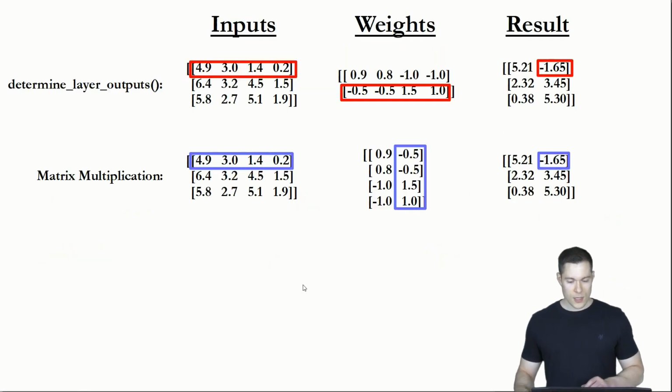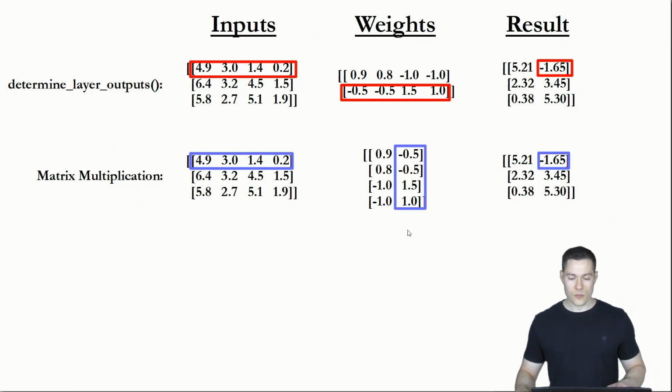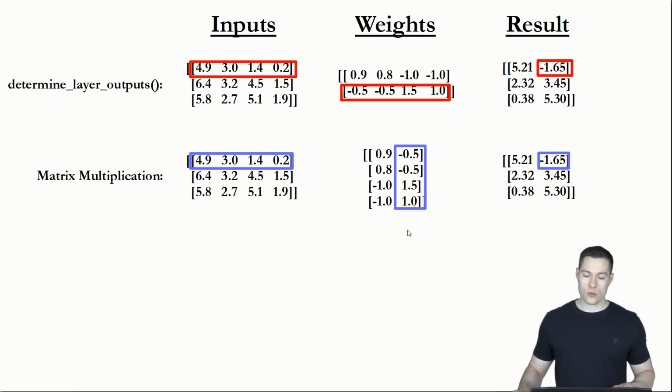Namely, instead of using this row here in the second list of lists, or in linear algebra terms in the second matrix here, we're going to use the column vector.